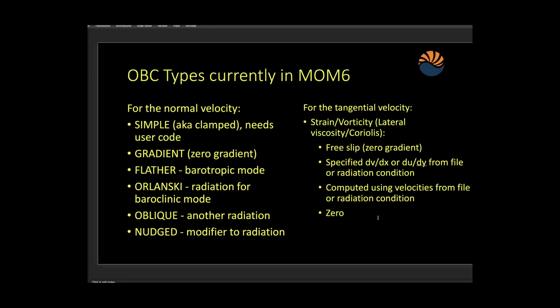Whether it's north-south or east-west, you will take a different component of that, of course. And again, you can use this to compute it from velocities from some file, or you can radiate them in if you happen to have them stored, let's say, from a parent grid simulation that you do.